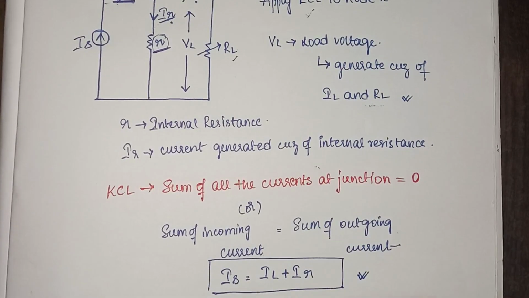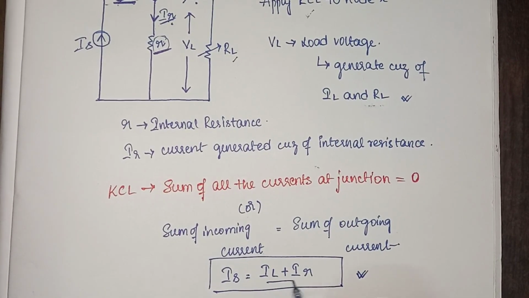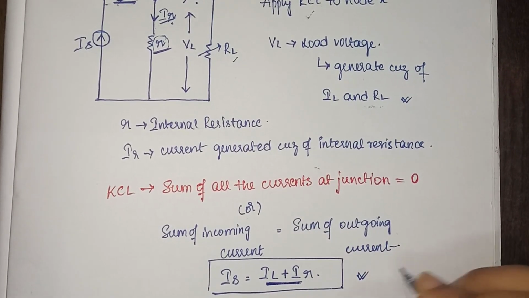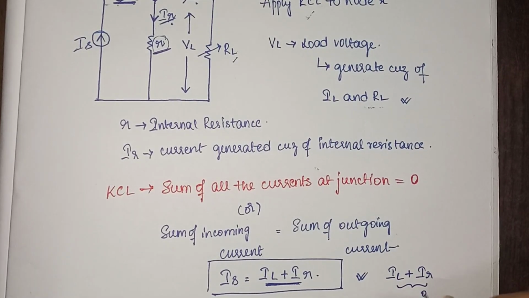So this is the equation we have. Now in this case, IL and IR are outgoing currents.